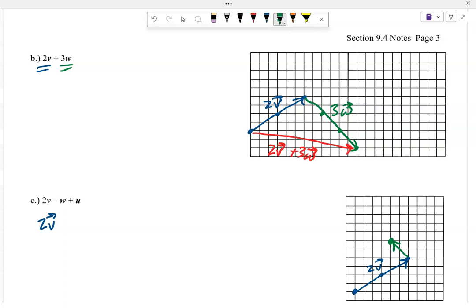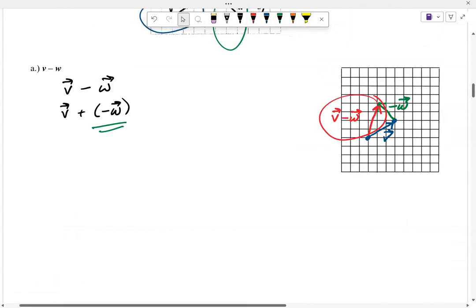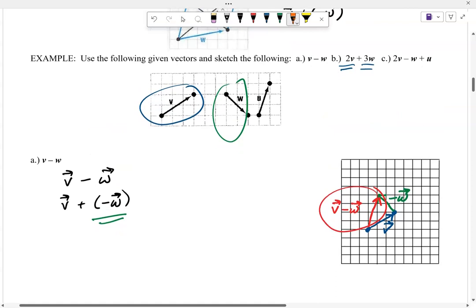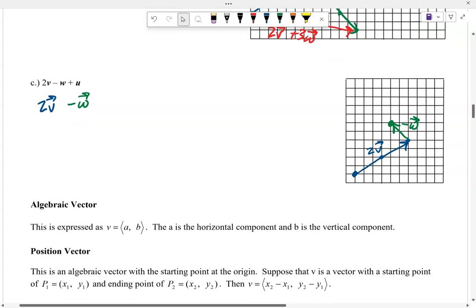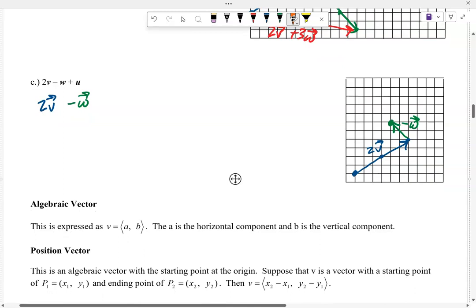Where's minus u? And plus u. Let's go look at u. U was up 3, right 1. Up 3, right 1. Again from here. So here to here.